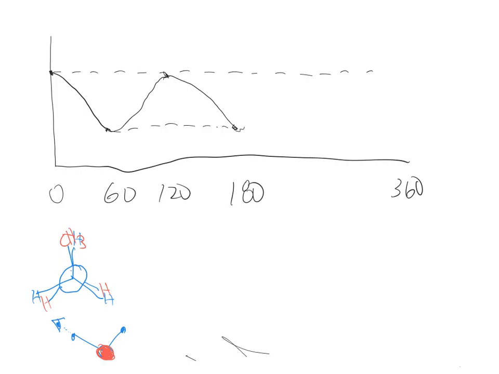Higher, because instead of just having two hydrogens, you've got an entire methyl group that's bumping and grinding against that front hydrogen. I don't expect you to know the numbers, but it's going to start up something like here. Okay, it's going to go down. It probably wouldn't go down as low as the other one, because even though it's at 60 degrees, this takes up more space than the hydrogen would.